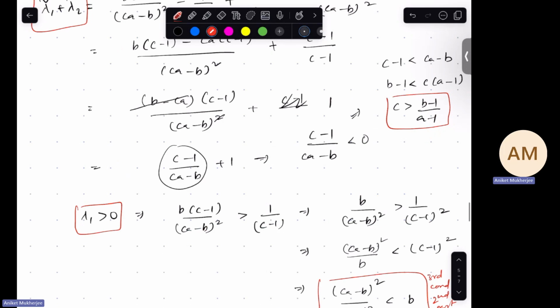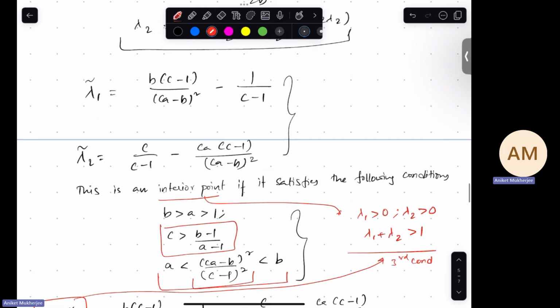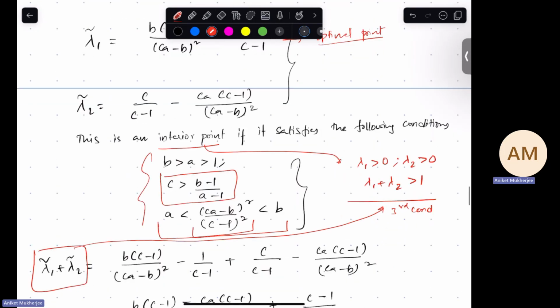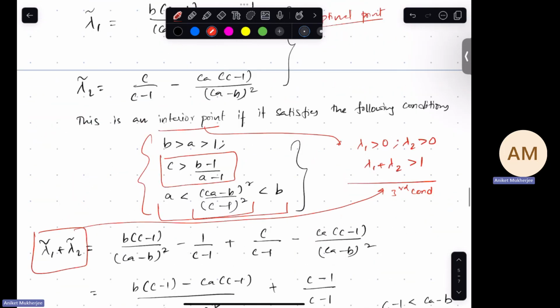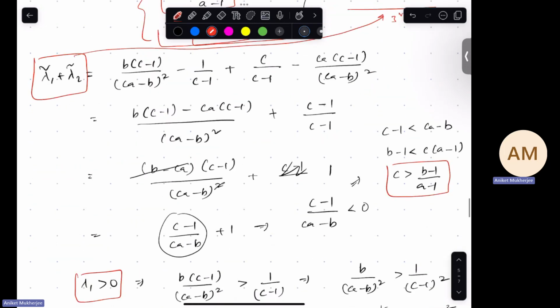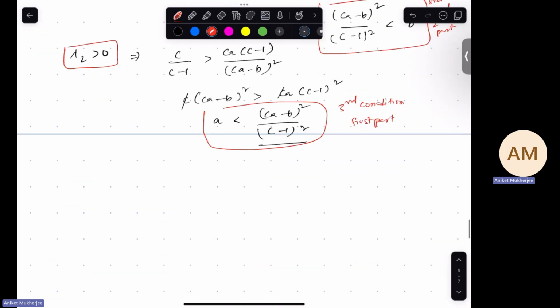Yeah, so to see that the optimal point that we have found here is in fact an interior point, it needs to satisfy these three conditions, which we have shown from the equivalence of the interior point conditions.